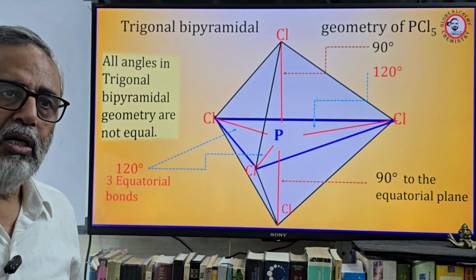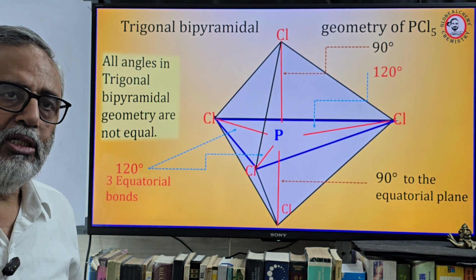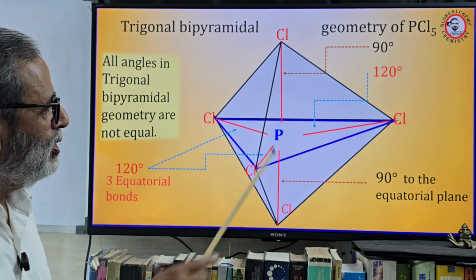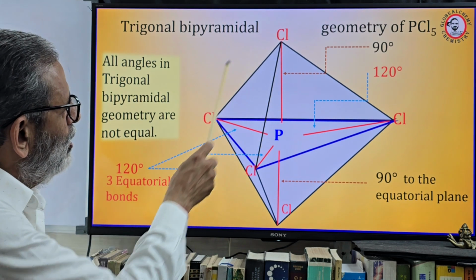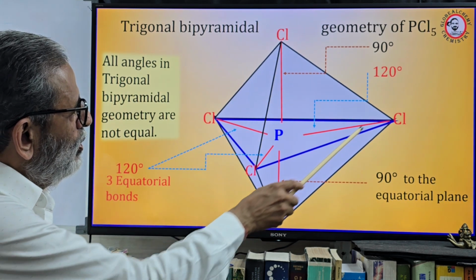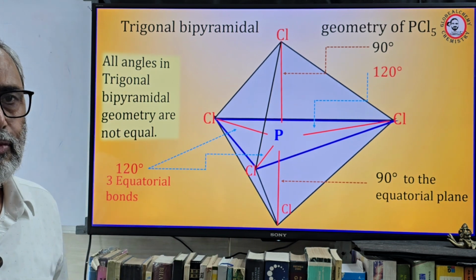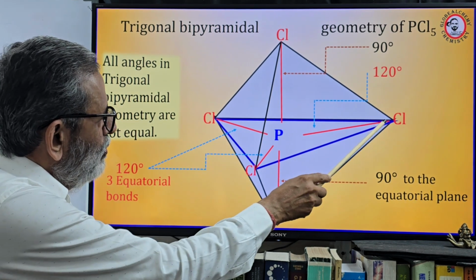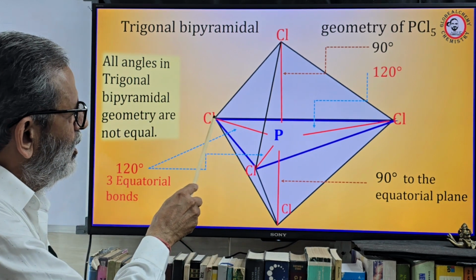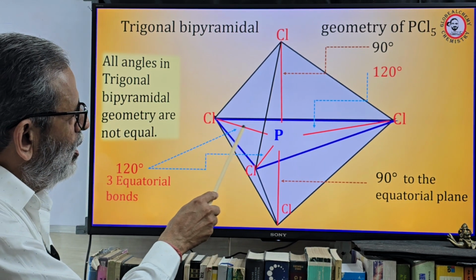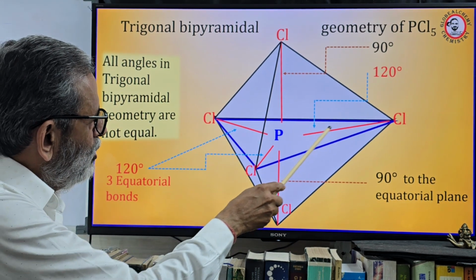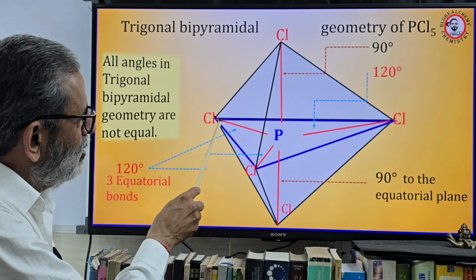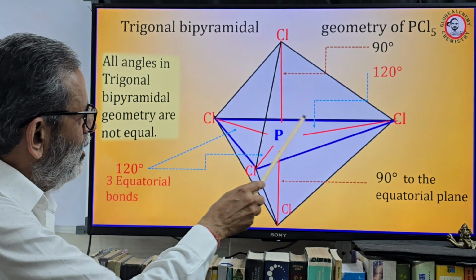And these form the trigonal bipyramidal structure. You can see here phosphorus is bonded to the 5 chlorine. And this is the equatorial plane in which this bond to this bond, it is 120-degree angle.